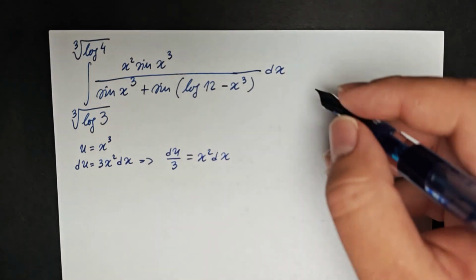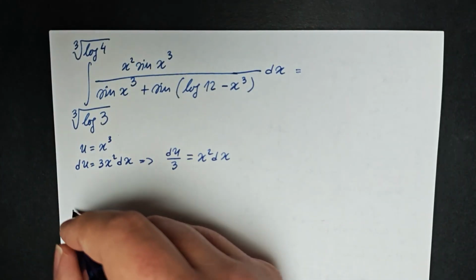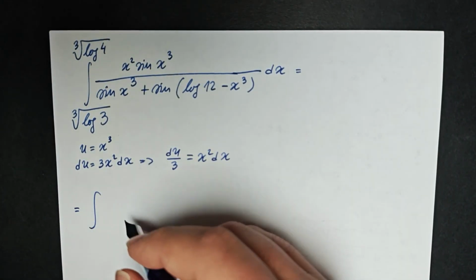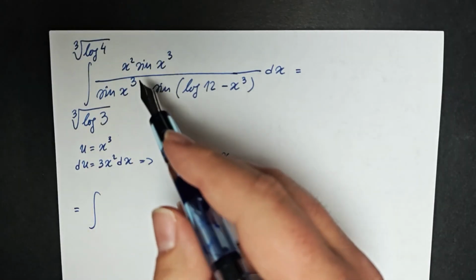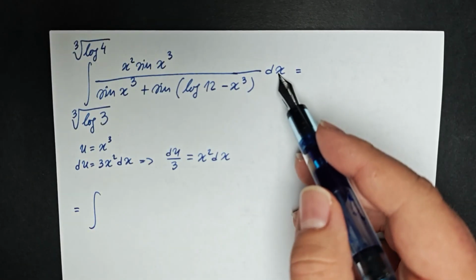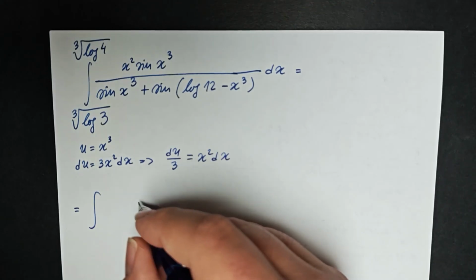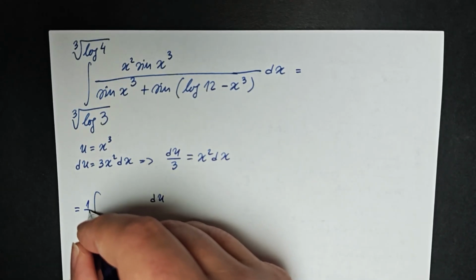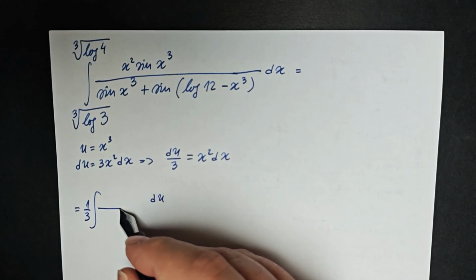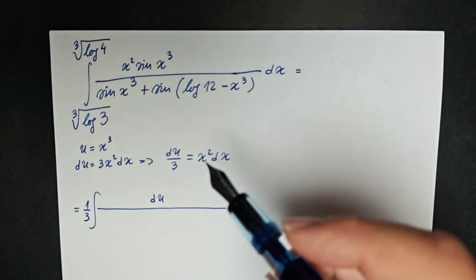This substitution is going to transform the integral into an integral where x squared dx is du over 3, and 1/3 can go in front of the integral as a constant.